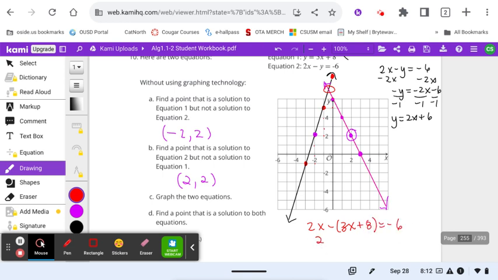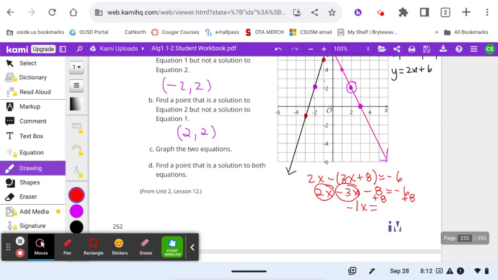And so we're going to distribute that -1 and make it -3x minus 8. 2 minus 3x, when I combine like terms, makes -1x. I'm going to add this 8 to the other side and get 2. Divide by -1. I get x equals -2.